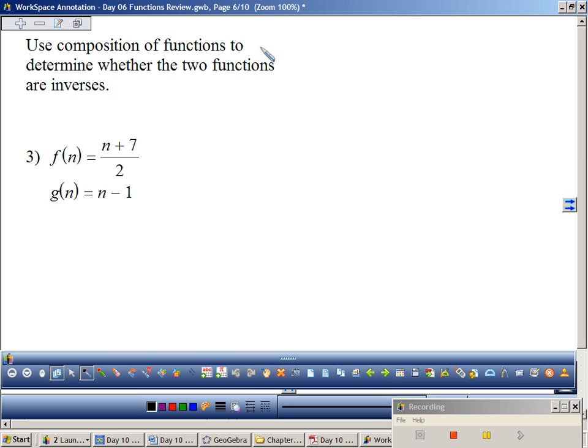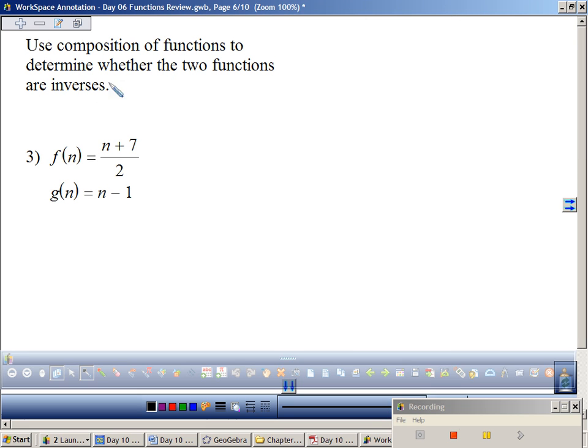Number 3, use composition of functions to determine whether the two functions are inverses. It's going to be fun. What's my first step? It's like the same steps as the last one, right? Rewrite it.